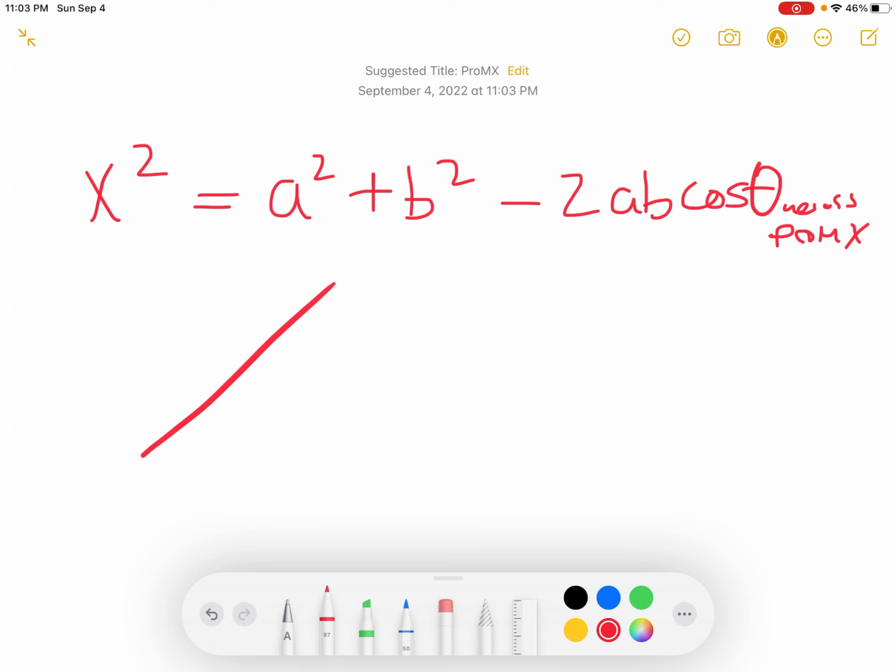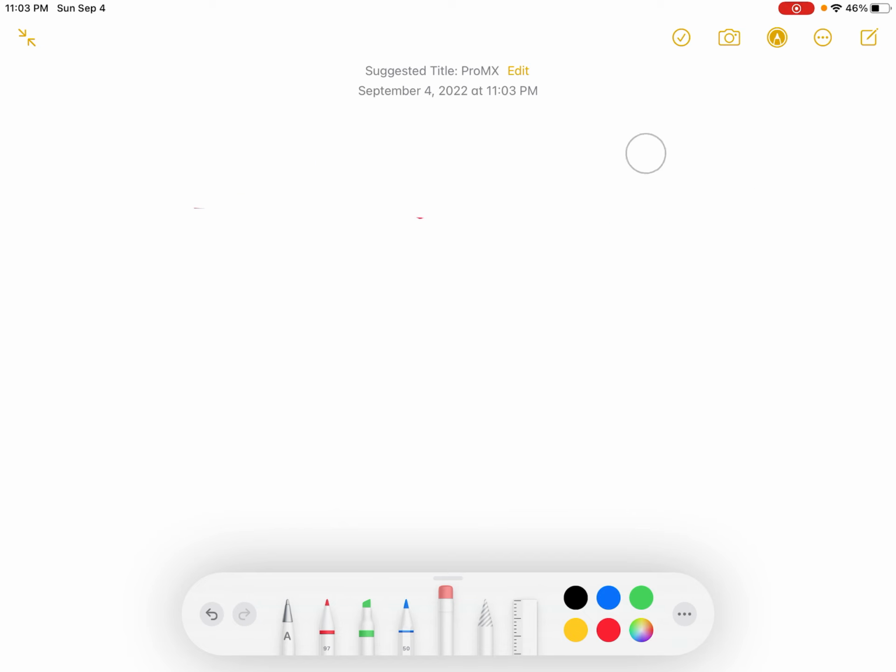So if you had something like this, just a non-right triangle, you might want to use this. A could be a side, B could be a side, and you could be trying to find this side length, and you know this angle, so it would have to be across from x. If it was this one, then you'd have to solve using the 180, how they all add up to equal 180 or whatever. So that's that.